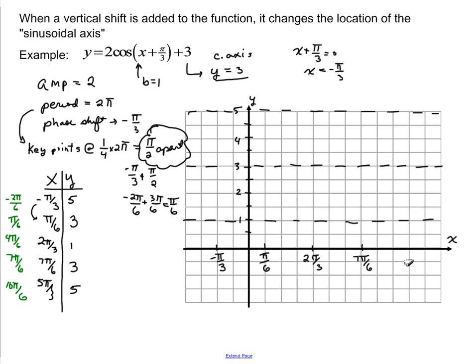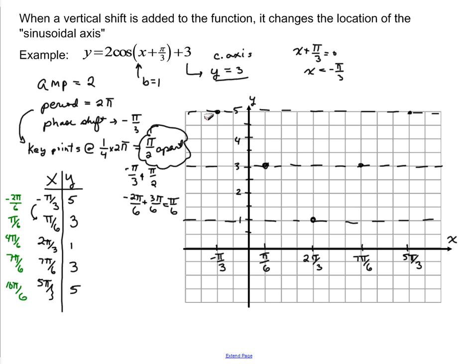And one more cycle, we're ending at 5 pi over 3. And then I go for my y values, which start at 5 here, at negative pi over 3. Go down to 3 at pi over 6. Go down to 1 at 2 pi over 3. Back to 3 at 7 pi over 6. And then finally up to 5 at 5 pi over 3.